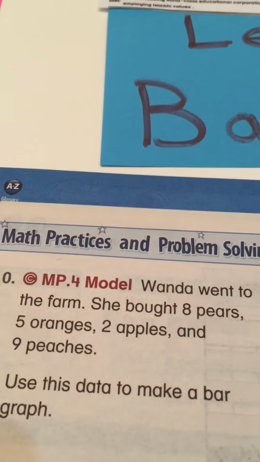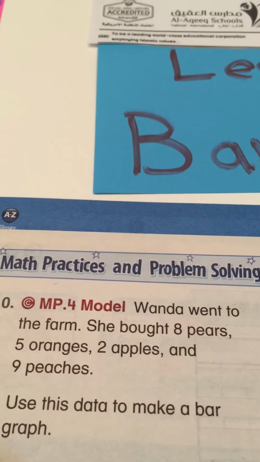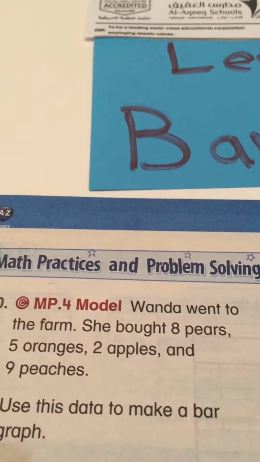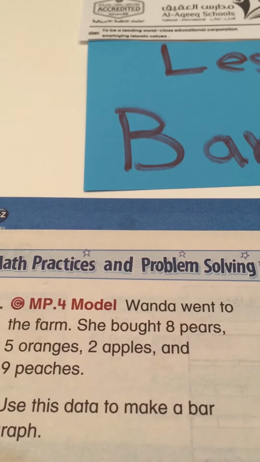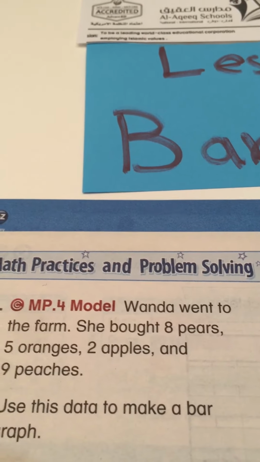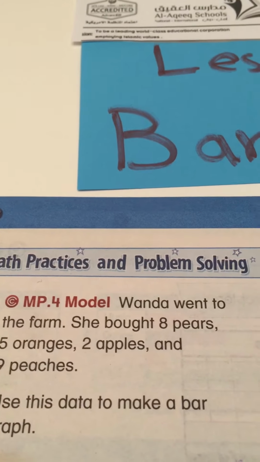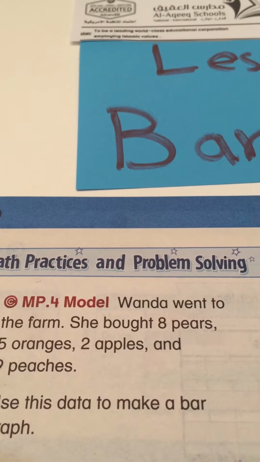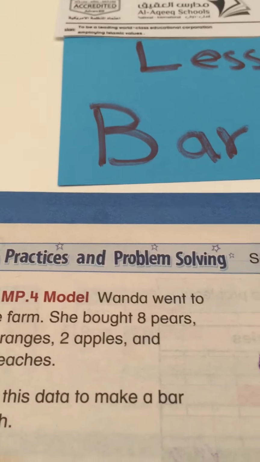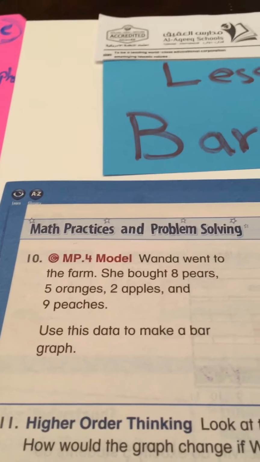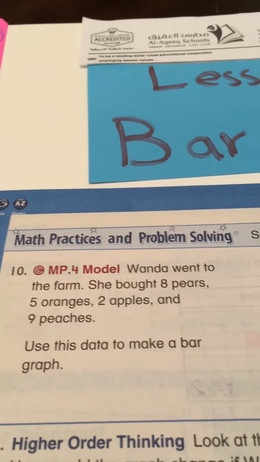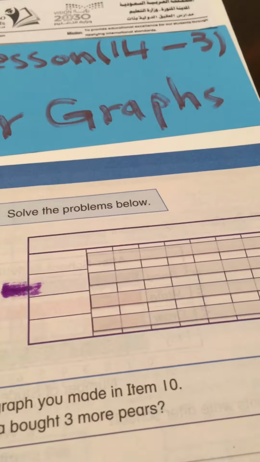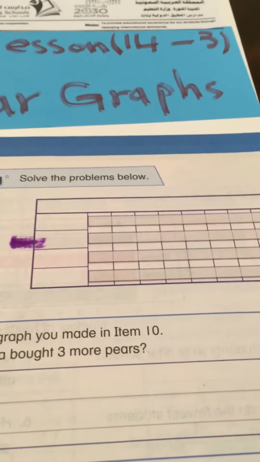So here they said Wanda went to the farm and she bought 8 pears and 5 oranges and 2 apples and 9 peaches. So use this data to make the bar graph. So we already have the numbers, and we want to write that in our graph to represent it.